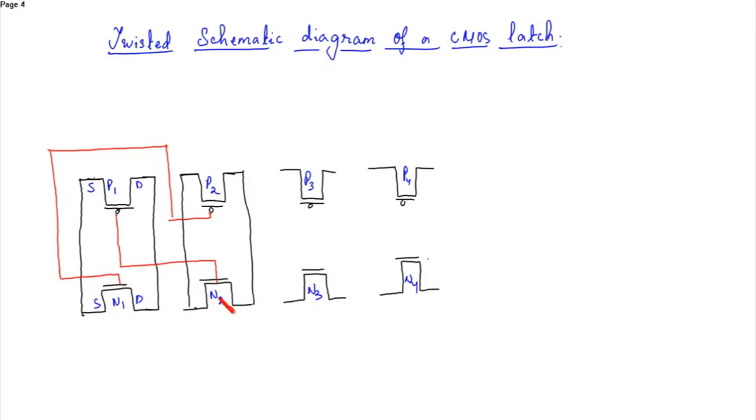Okay, now these are the two inverters. This is the source, this is the drain, source, drain, source, drain and source, drain. The source of the first inverter is connected to VDD, or we can do one thing, we can change this by bringing drain here, source here, or we can change the source by here, so that way we can have a common point.